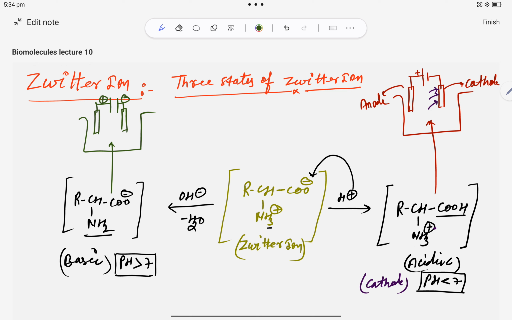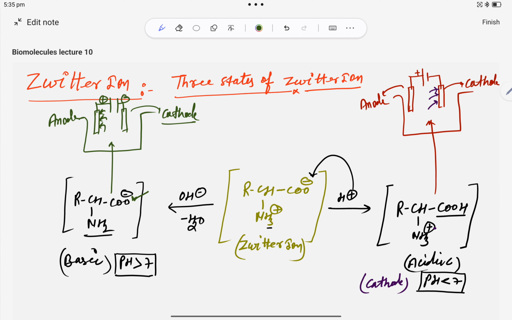So the ion this time will be liberated on anode, because anode is a positive terminal, and the negative charge is present here.